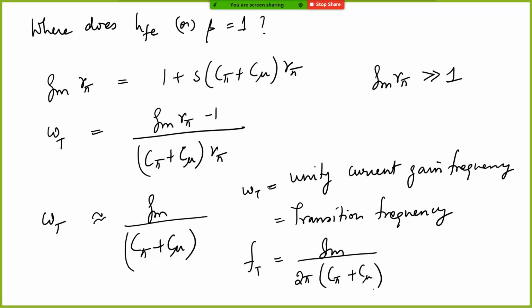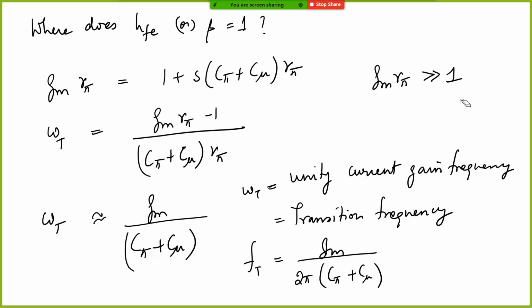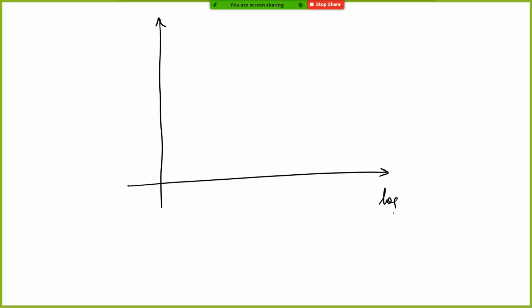Okay, so what we are saying is, in this graph, this point where it reaches unity becomes more clear if I redraw it in the log scale. So this is log f, and this is 20 log of beta of s. We know that this point is nothing but 20 log of beta naught.